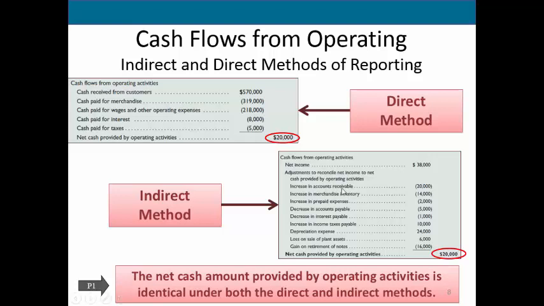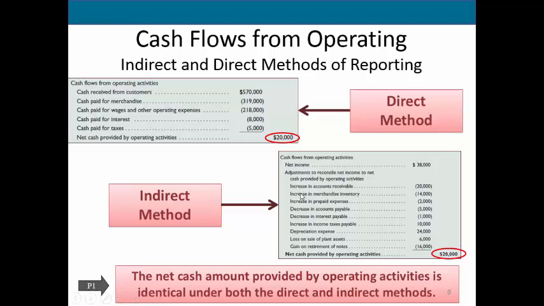If accounts receivable increased, that means we have an asset increasing. If we want to net that out, that means cash would have to decrease because we have one asset increasing, the other one decreasing. So an increase in accounts receivable needs to be shown as a decrease in the operating sections on the statement of cash flows.